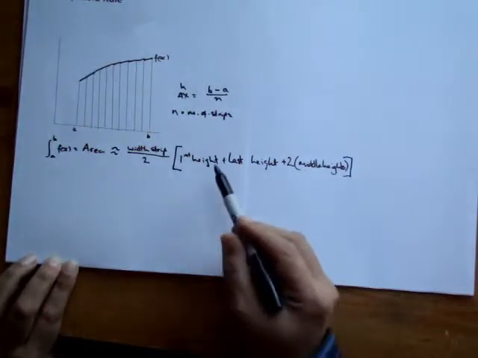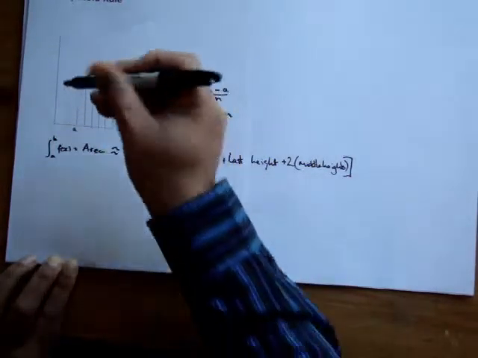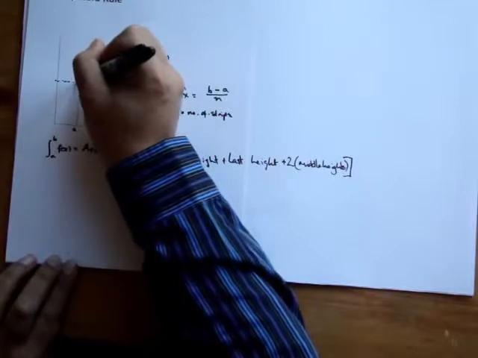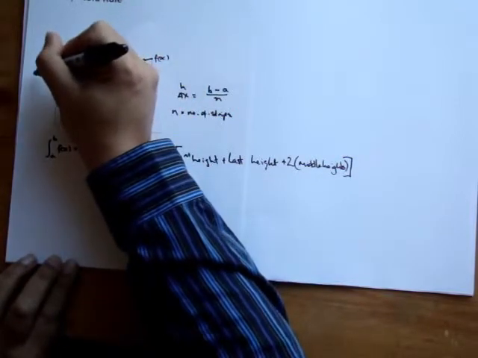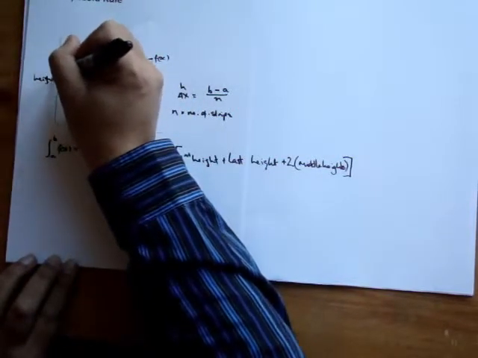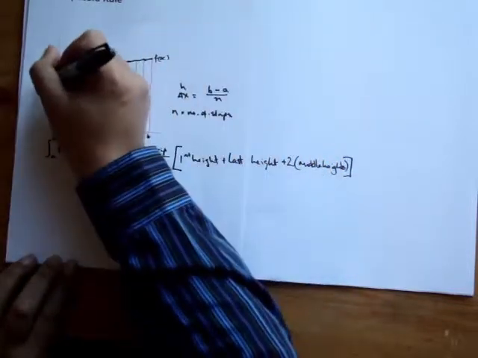So what do we mean by height? By height we mean y, which is this here. So this would be the height, which would be y, or f of x.